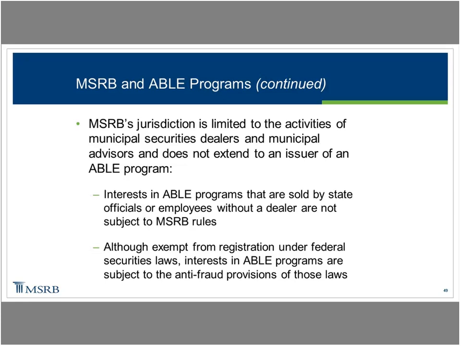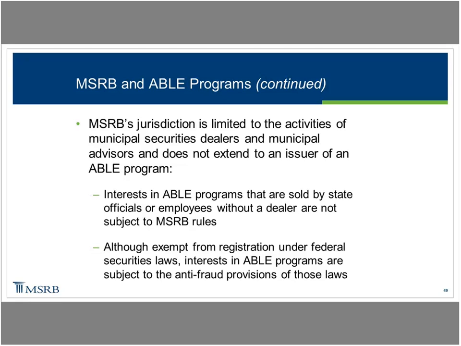So what does this mean? It's unlikely that you would go in a program disclosure document and see somebody particularly identified as a dealer, for example, or as a municipal advisor. It's possible, but that's not necessarily the way that it would always occur. Suffice it to know that an ABLE program manager or an affiliate of a program manager could, depending on the facts and circumstances, be an underwriter or a dealer or a municipal advisor.